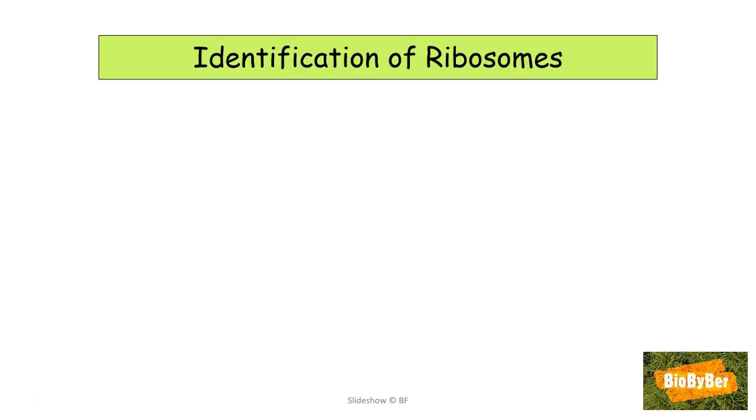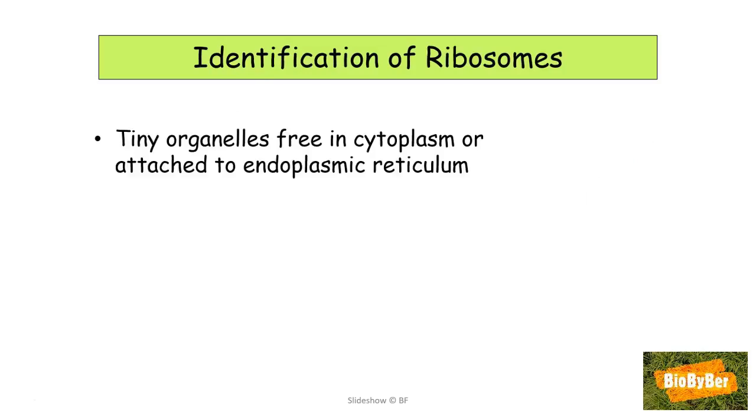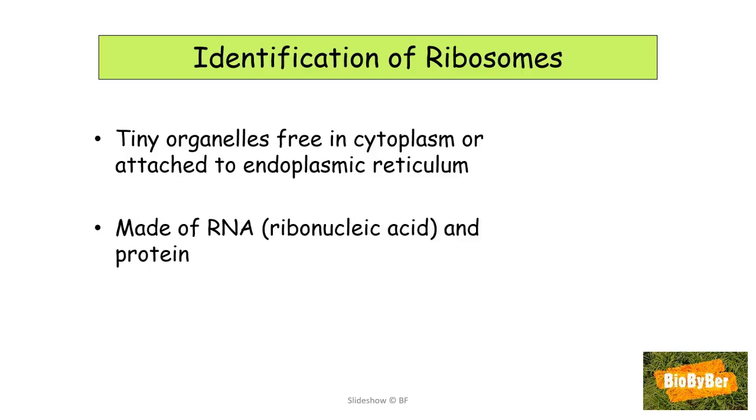How would we identify the ribosomes in a cell? Well, ribosomes are tiny organelles which are free in the cytoplasm or can be attached to the endoplasmic reticulum. They are made of RNA. Again, the bad news is we need to know what the letters RNA stand for.